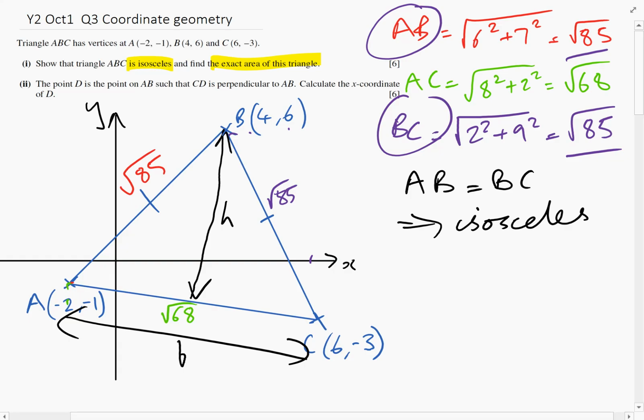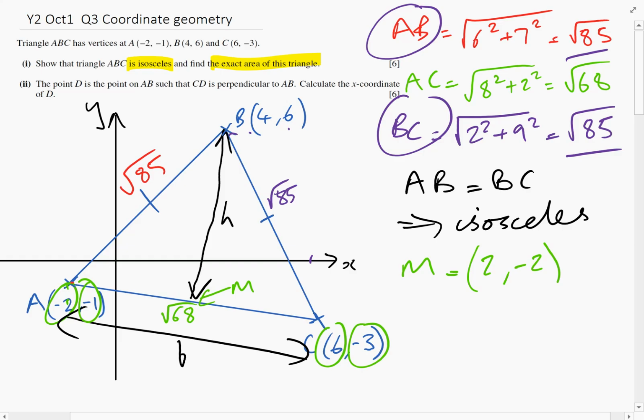So we're going to need to find the midpoint here, the midpoint of the line AC. It's fairly straightforward. Halfway between -2 and 6 is going to be +2, and halfway between -1 and -3 is -2.